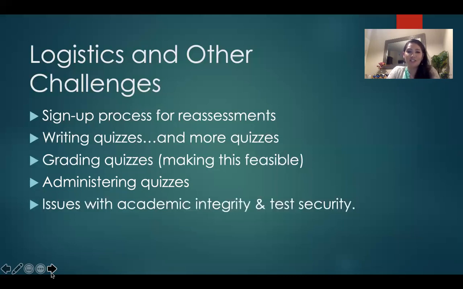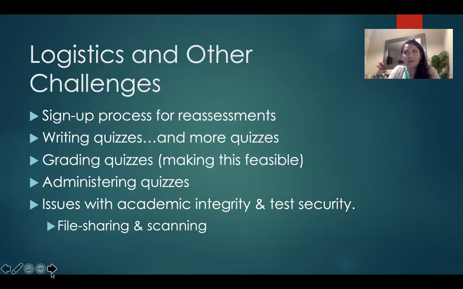And of course, there are issues with academic integrity and test security with all of these reassessment quizzes, and how ubiquitous our printers and scanners have become. Especially after the pandemic, all the students know that they can use their phone as a scanner. You have to assume that all of those files that the students are sharing with you, they are very likely sharing with each other.